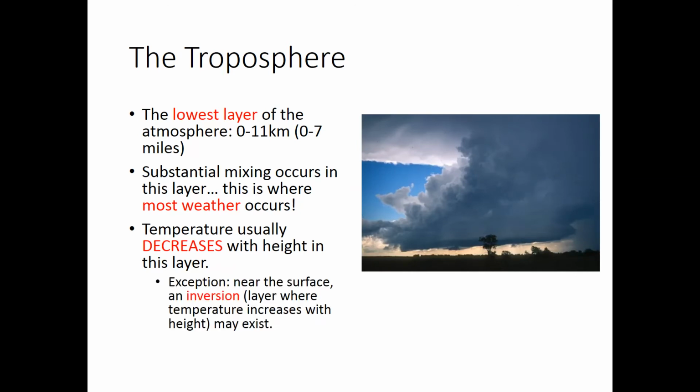There is one key exception to this, and this is a word I want you to really know. Don't just memorize it, make sure you truly understand it: it's called an inversion. In an inversion, there's a shallow layer, usually near the surface of the Earth, where temperature briefly increases with height.